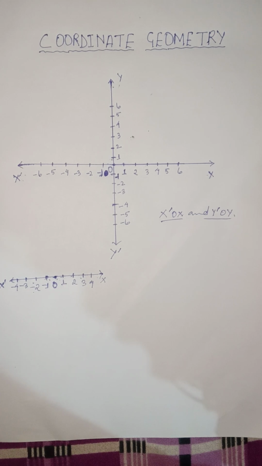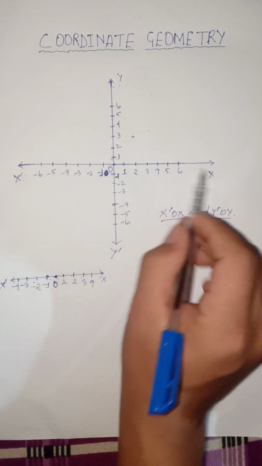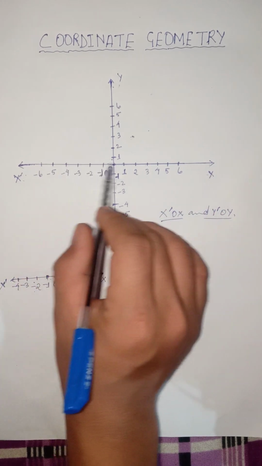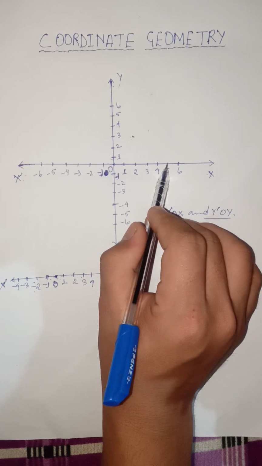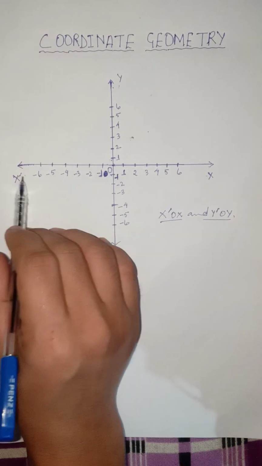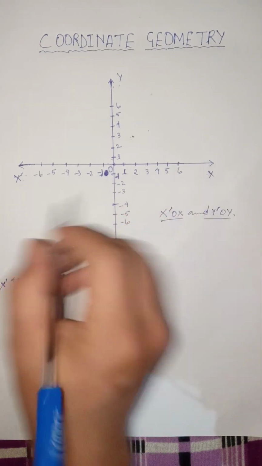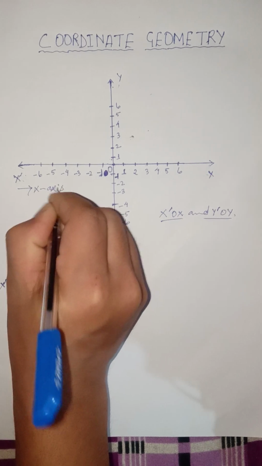Then we'll move to the next point, which is the x-axis. The line that we made, and named x, and whatever numbers are on the x line, we simply call this line the x-axis.